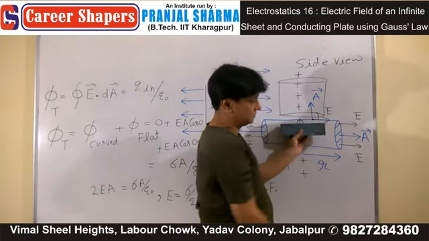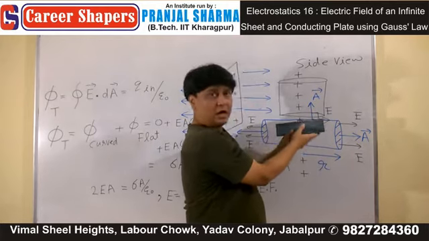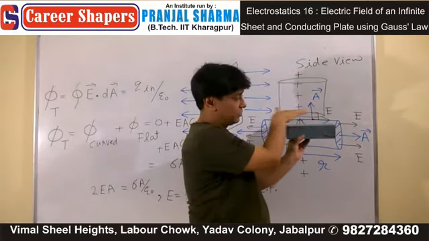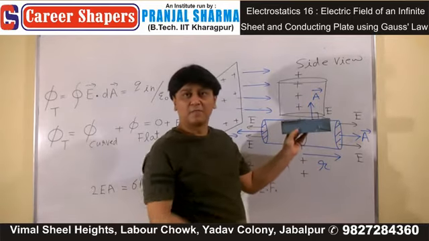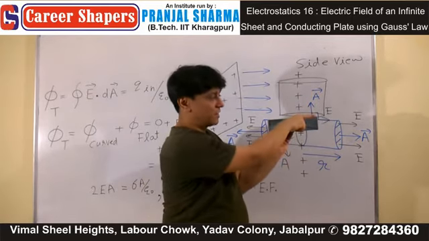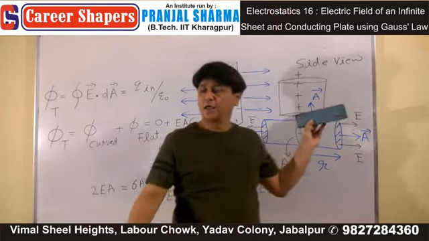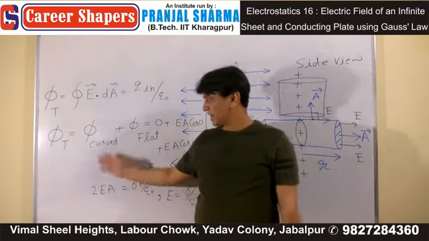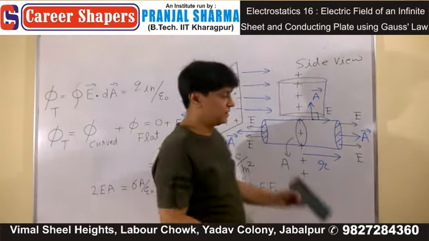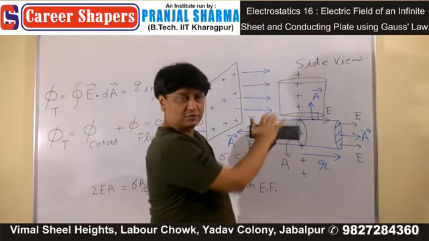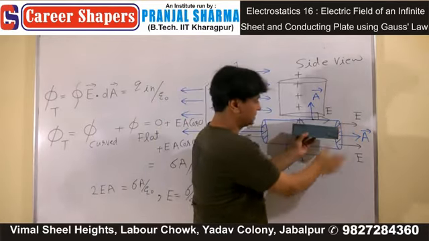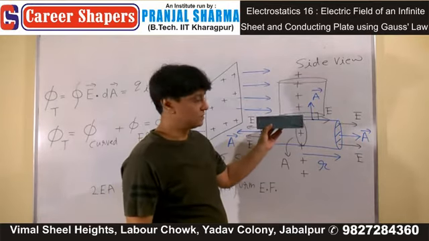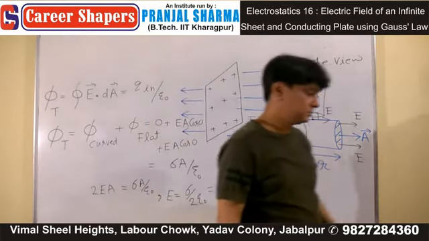This is the face. For all other faces, 1, 2, 3, 4, these 4 faces, the angle between area vector and electric field is 90, and therefore flux will be 0. Instead of saying curved surface, you will say the side faces like this. Only through this face and this face will electric flux be present.